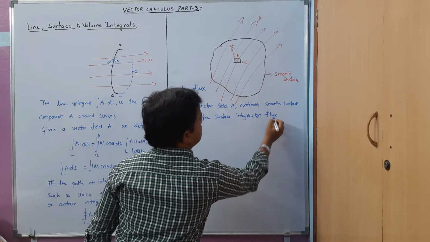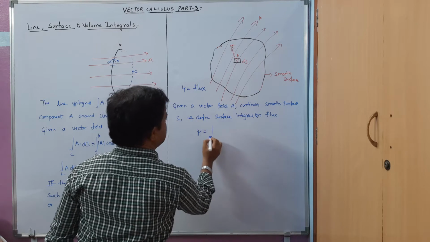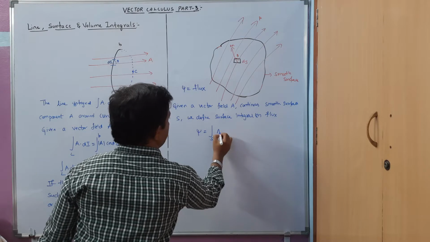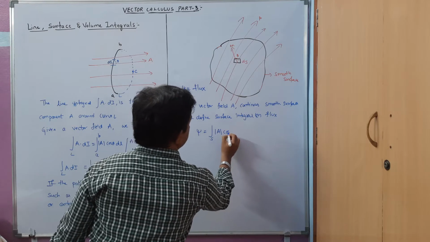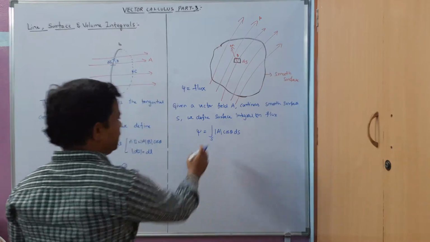Sometimes flux is given by psi is equal to surface integral A dot ds, or mod A cos theta ds.